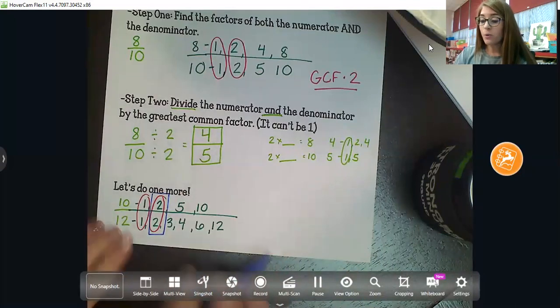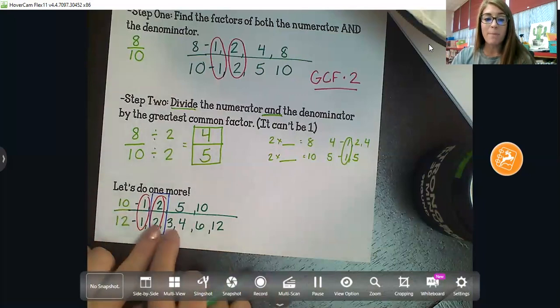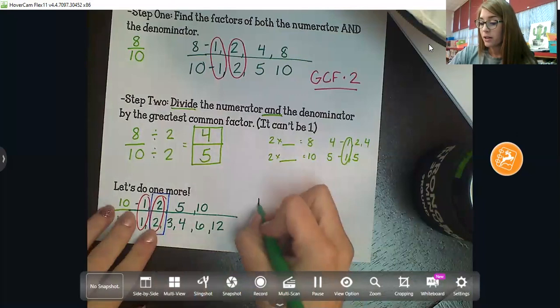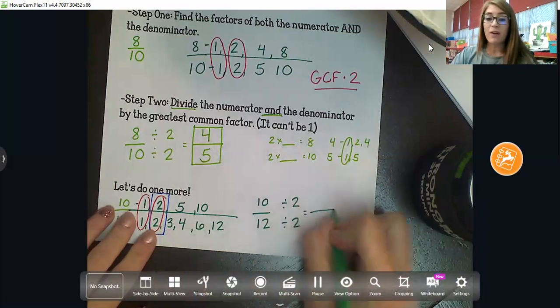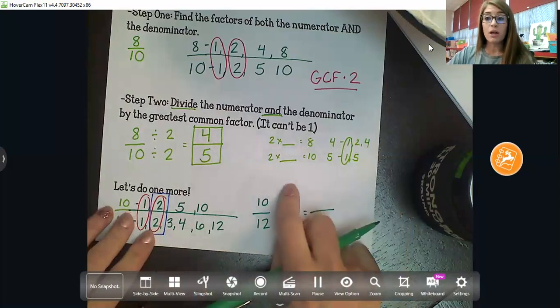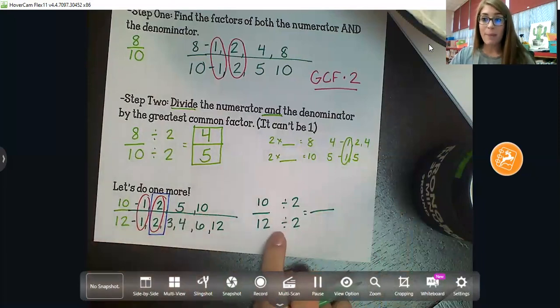Very good. So now, what do we do with that greatest common factor? What is our next step to finish this up? Very good. We're going to have to divide the numerator and the denominator by that greatest common factor. So I've got to do 10 divided by 2 and 12 divided by 2. Remember, whatever we do to the numerator, we must also do to the denominator to make sure that they balance out.